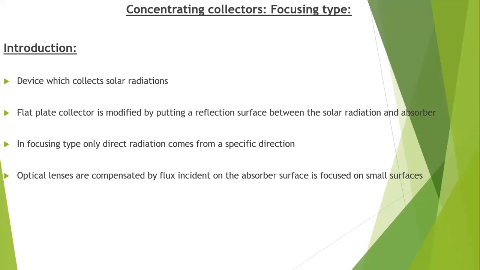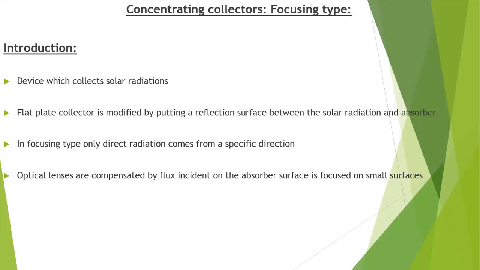We can modify a flat plate collector: if a flat plate collector is modified by putting a reflecting or refracting surface between the solar radiation and the observer, it becomes a concentrating collector.